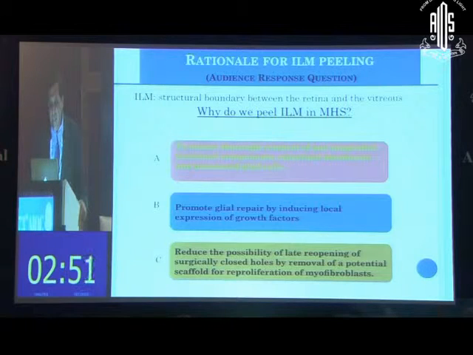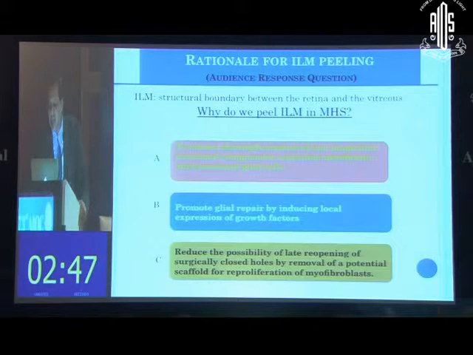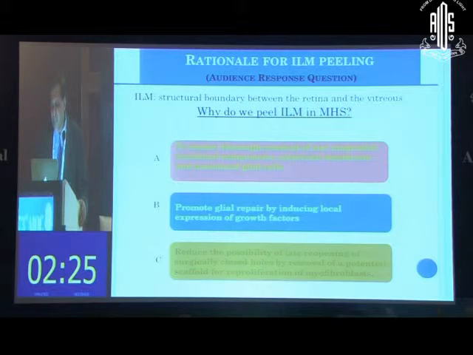Or is it the third answer, that it reduces the possibility of reopening of surgically closed holes, by removing a potential scaffold for reproliferation of myofibroblasts on the ILM? Do you think it is A, B or C, which is the correct answer?